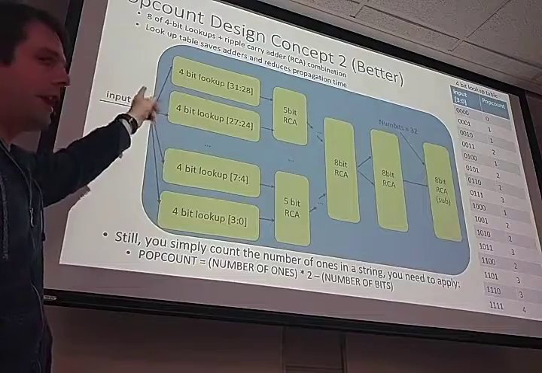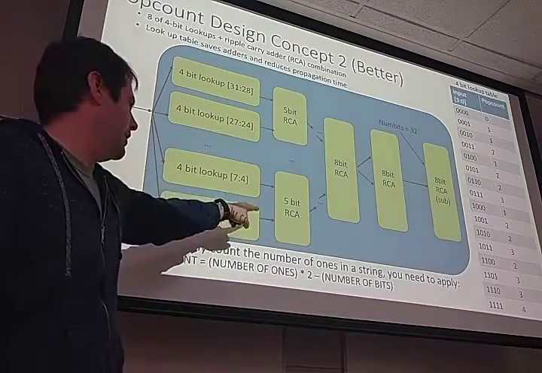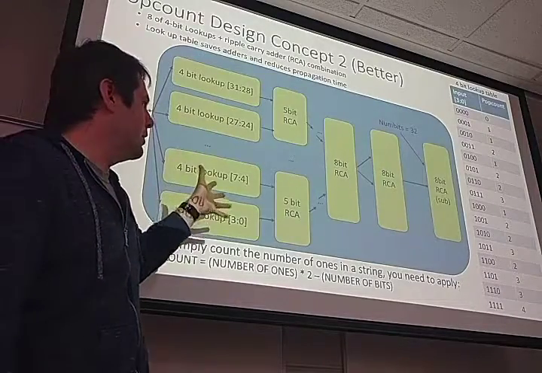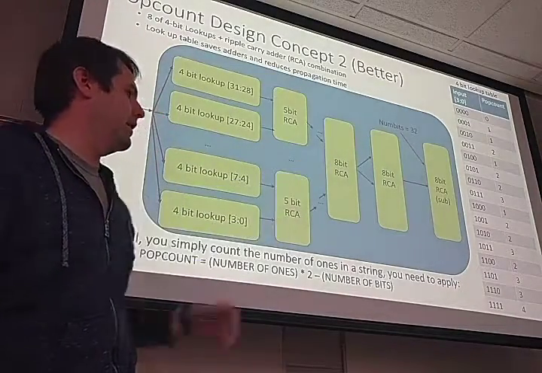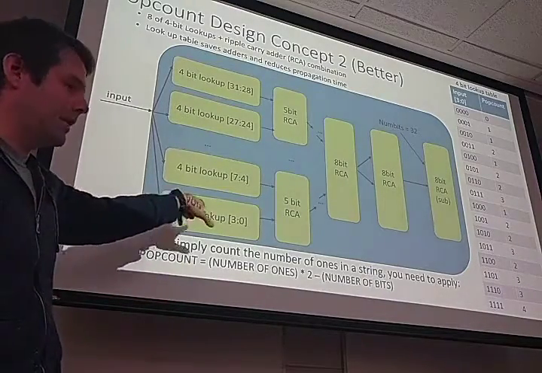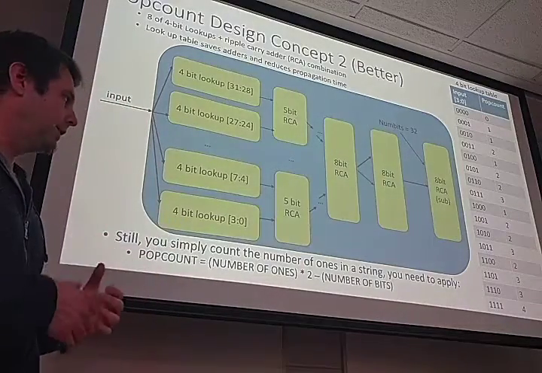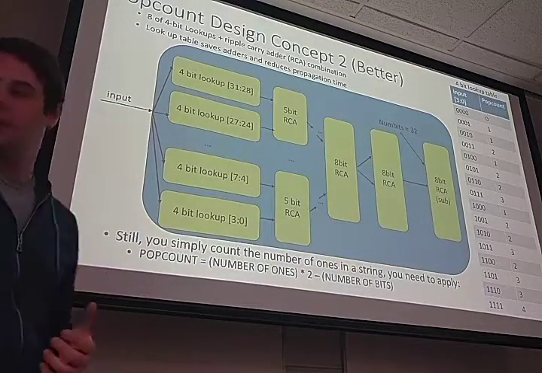So in the case of a 32-bit word, you do that 8 times, and then you send the output of the lookup table to adders to get the pop count result for all 32 bits. In this case as well, since we're just counting the number of ones, we have this additional step where you have to double the count of the ones and then subtract from the total number of bits.